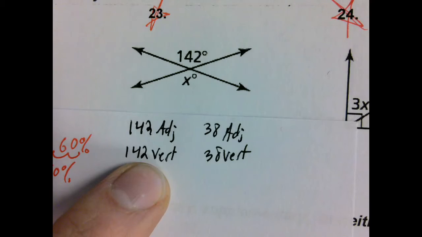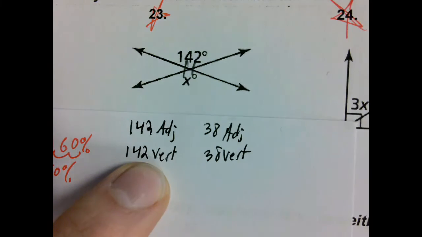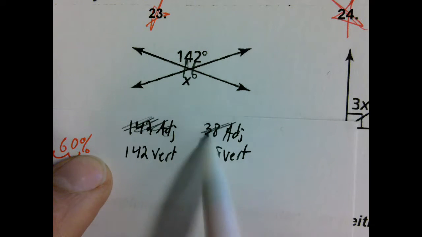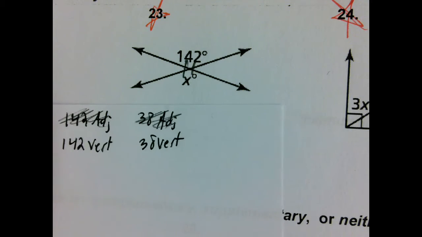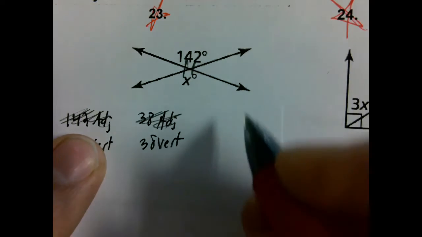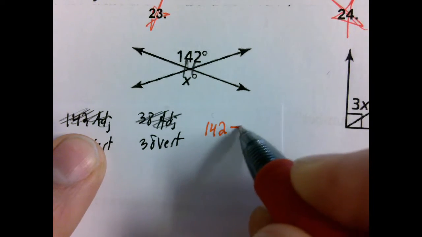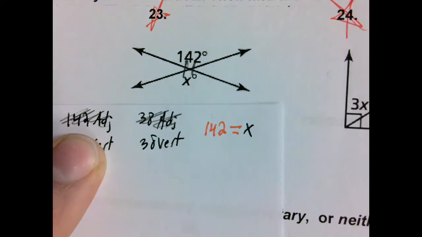Since there's a big X, when they're opposite each other, that means that they are vertical angles. So right away, if you know they're vertical, that would eliminate 2 possible answers. But when we talk about vertical angles, they are congruent. So that means you pick one. 142 is congruent, or equals, the other one. Equals x.